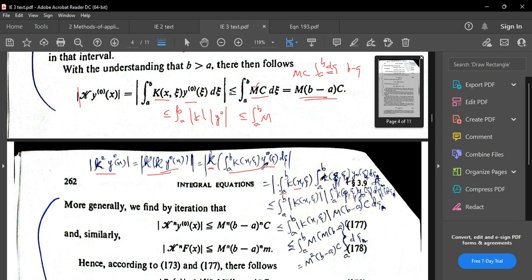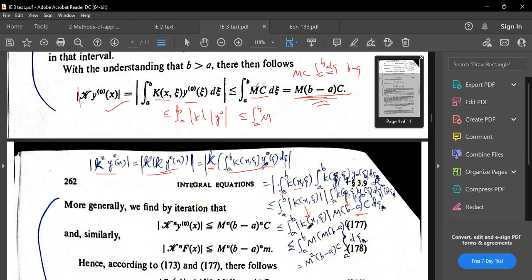So the integrand is K into this integral, so the modulus splits into mod of kernel into mod of integral. This mod of integral we have already calculated, so it will be less than M into b minus a into C. So for this one we can write by this formula M into b minus a into C d psi.